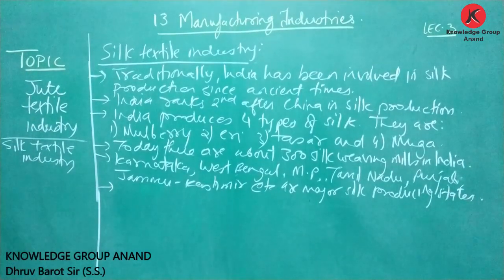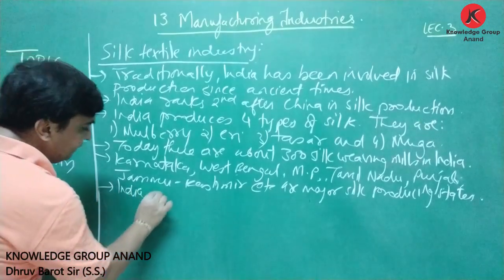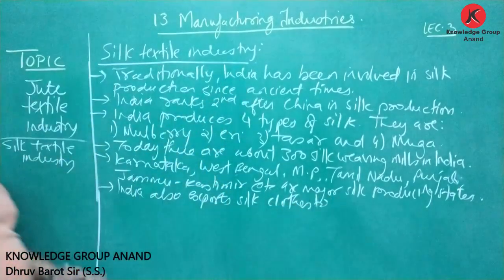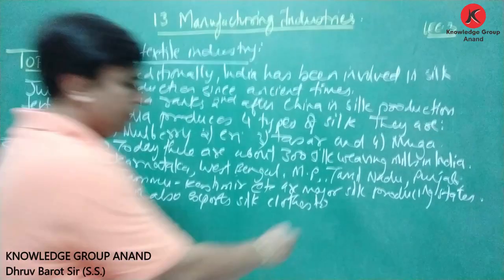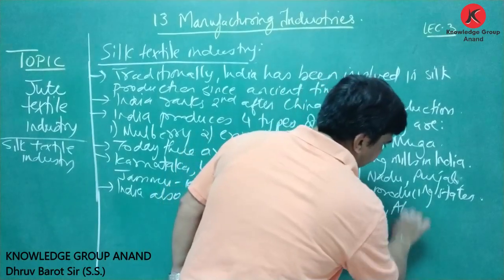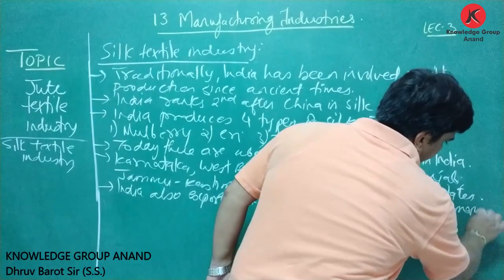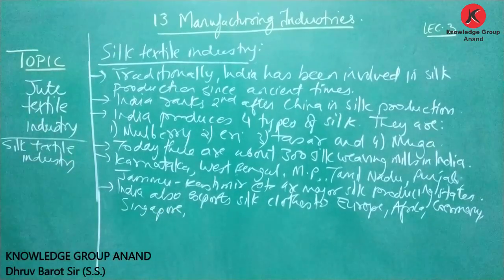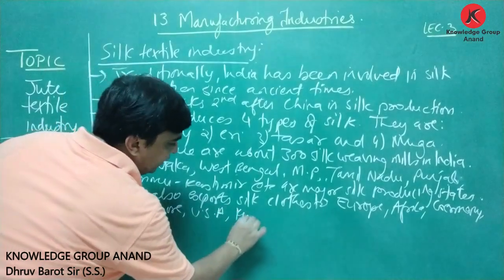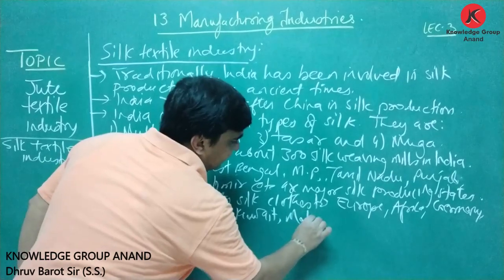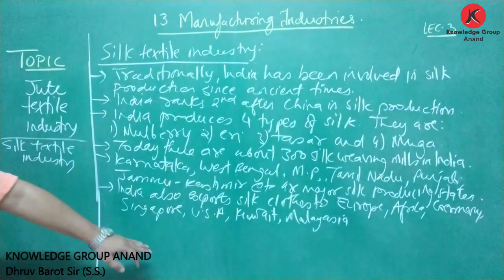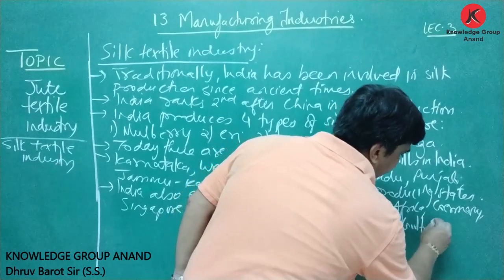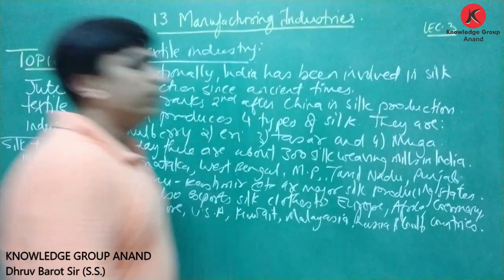Then here it is said, India also exports silk clothes to Europe, Africa, Germany, Singapore, USA, Kuwait, Malaysia, Russia, and the Gulf countries.